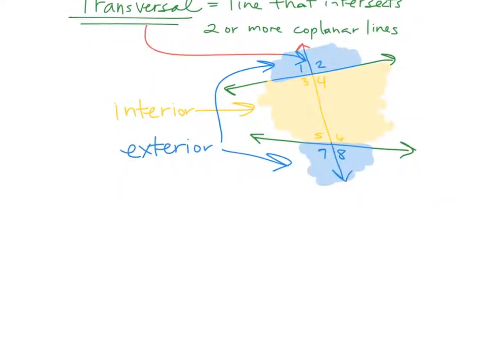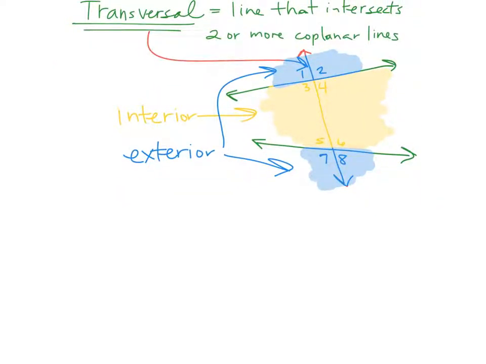So we're gonna talk in this picture setup about 4 different types of angles. And I'm gonna see if you guys can come up with them just from the names of them, because the names pretty much tell you what they are. So the first one is called alternate interior angles.